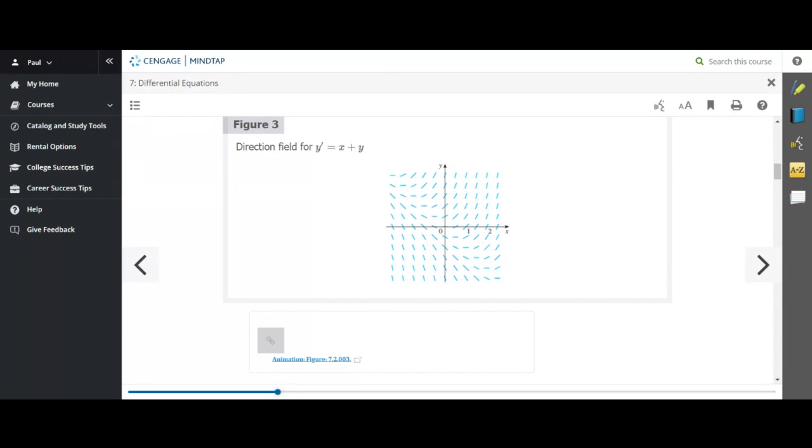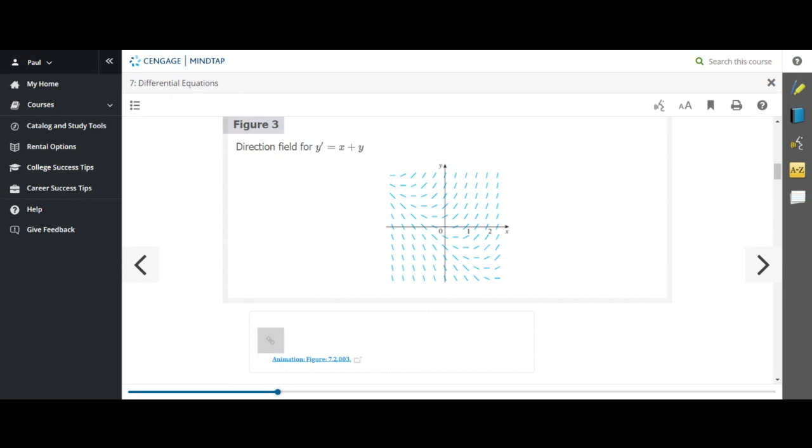What they've done is they've picked different points in the different quadrants, and based on the values of the x and y coordinates, they draw the tangent lines, and from there you can get an idea of what the direction field looks like.